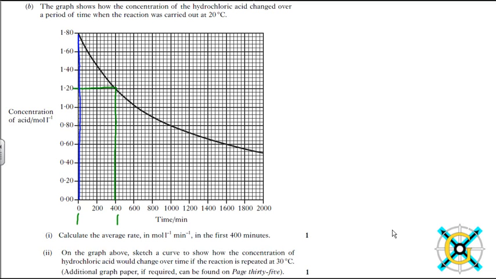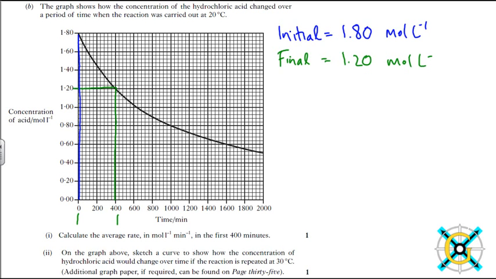So, initial equals 1.80 mol l^-1, and then final equals 1.20 mol l^-1.